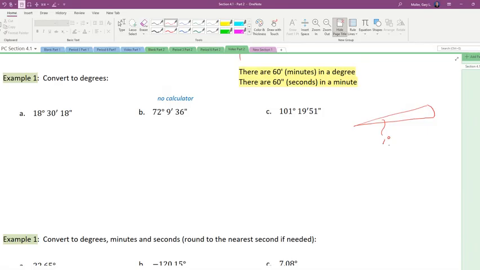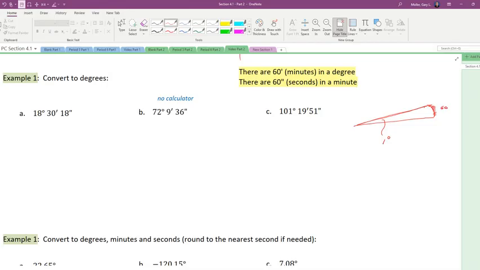So a minute is a 60th of an hour. In this case, a minute is a 60th of a degree. What does that mean? That means if I took this very small degree that's been blown up and I divide it into 60 individual parts, right? Then each of those little tiny slivers would be the size of a minute, 1/60th of a degree.